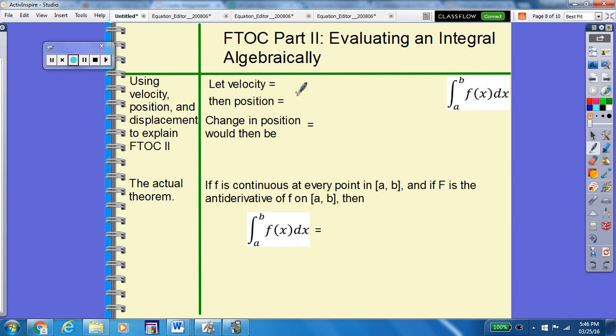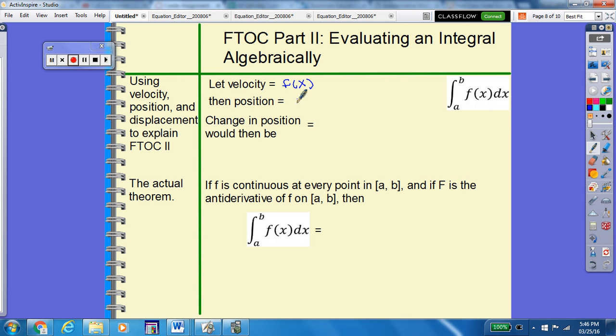So one of the things that I like to do is let velocity equal f of t, or in this case, I'll just call it f of x. Instead of calling it v of t, let's call it f of x. You remember the relationship is that given position, the derivative of position is velocity. So backwards, the antiderivative of velocity would be position.